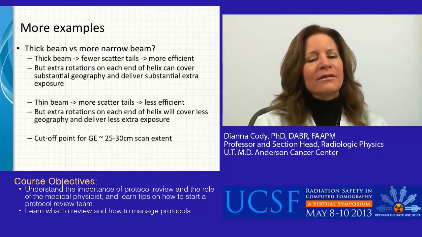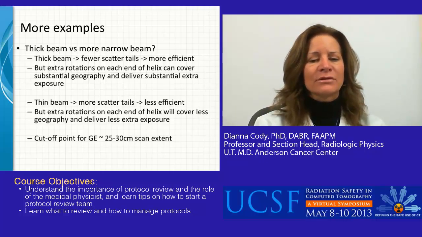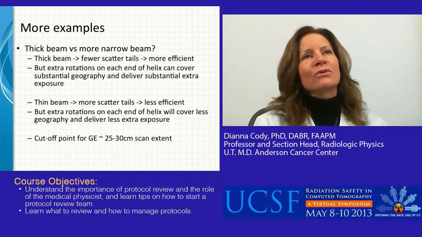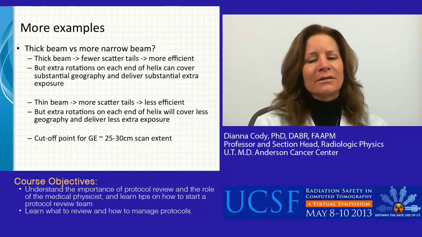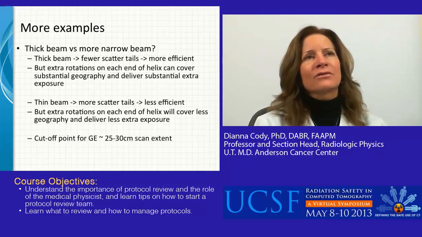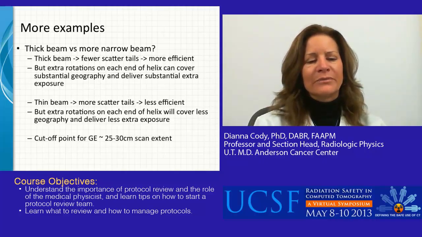On the other hand, the thin beam has more scatter tails, tends to be less efficient because it takes more rotations to cover the area of interest, but those extra rotations on the ends of the helix will cover less geography and actually deliver less extra exposure to the patient.